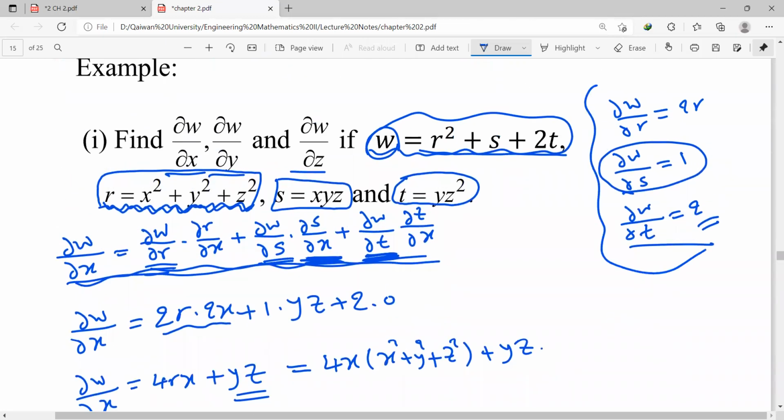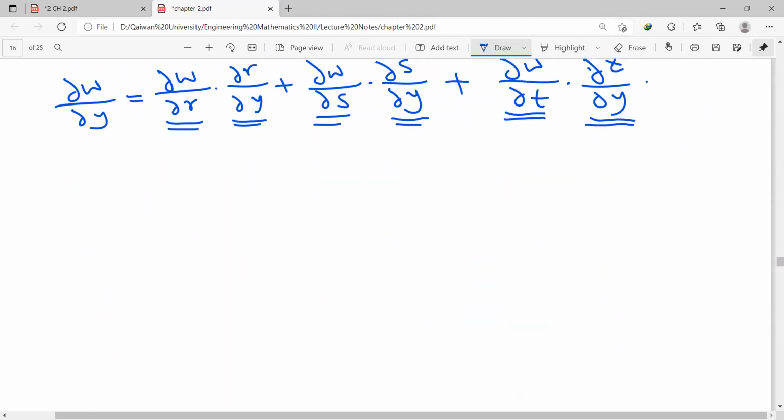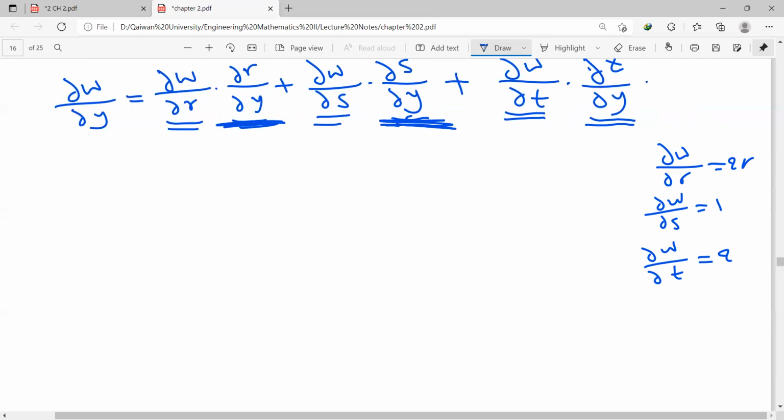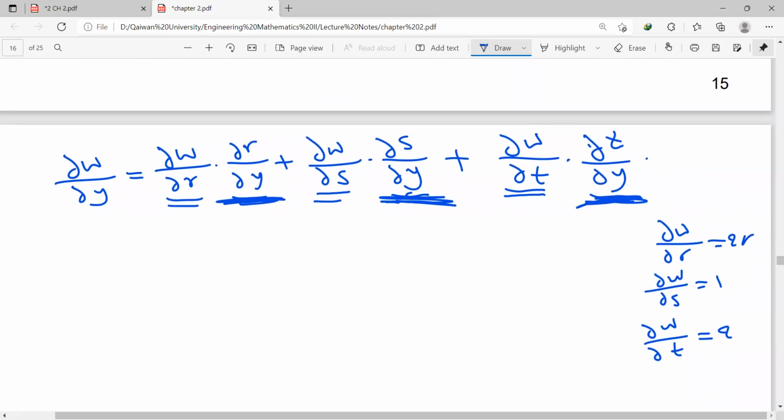Partial w by partial r is 2r. Partial w by partial s is 1. Partial w by partial t is 2. We found this. And now we should have partial r by partial y, partial s by partial y, partial t by partial y. We have to have these three partial derivatives also.